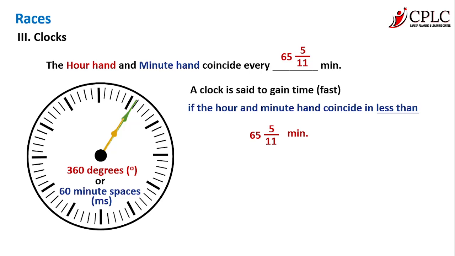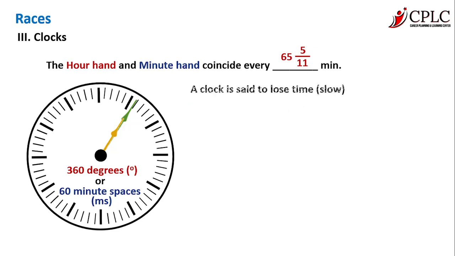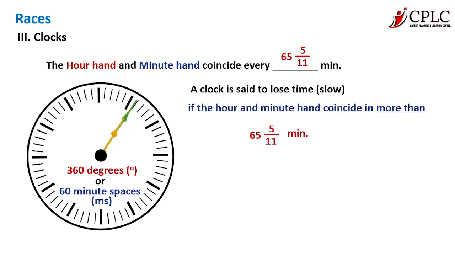And if they take more than 65 5 by 11 minutes, then we say the clock is slow, technically called losing time. So these are the few things related to clocks that you need to know as the concept basis.